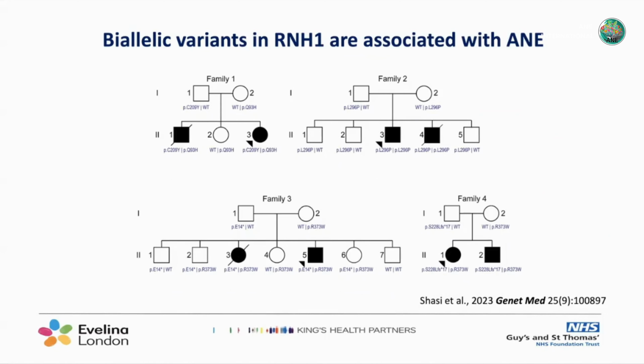And these are 4 families with the mutation, and 4 of them have an ANE-like phenotype, 3 have an ADEM-like phenotype, and 1 an acute fulminant cerebral edema. So this really tells us that we need to be thinking that this is a mutation-specific spectrum, as such.